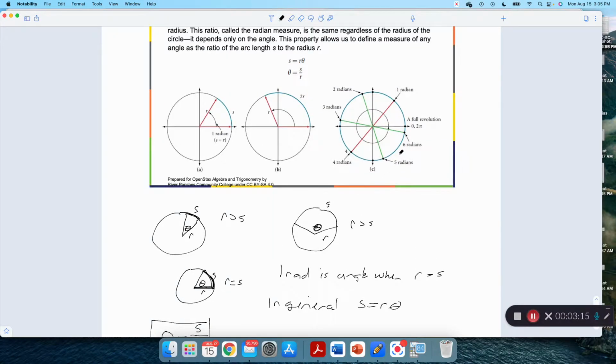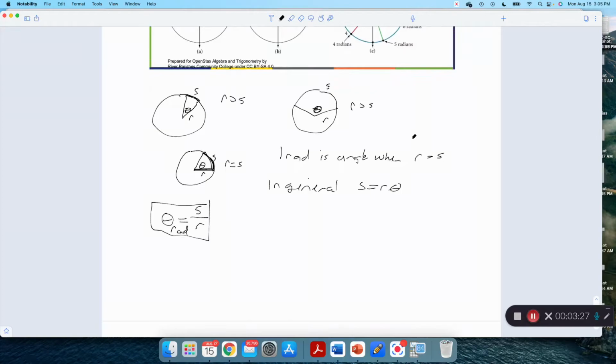So what if we go all the way around? How many radians are all the way around? We know if we measure in degrees, a complete circle would be 360 degrees. What if I want to measure this complete angle in radians? Well, we know theta is just s divided by r.